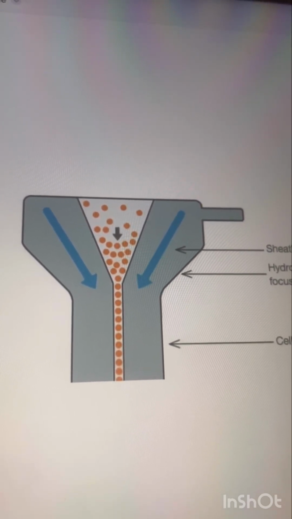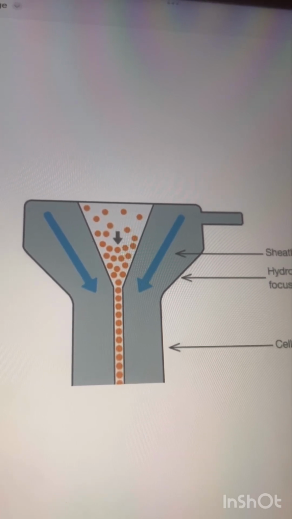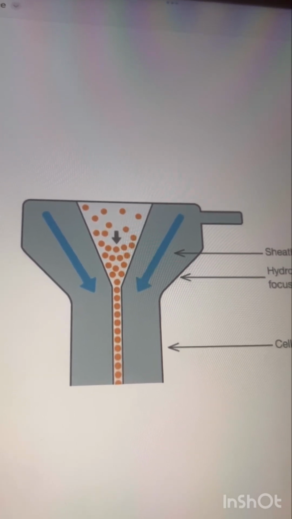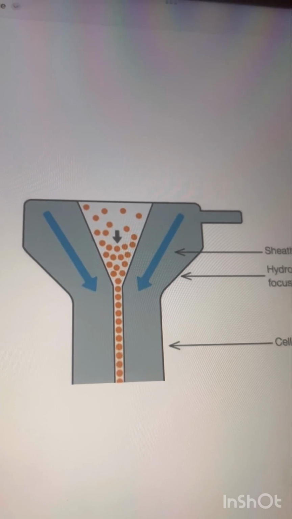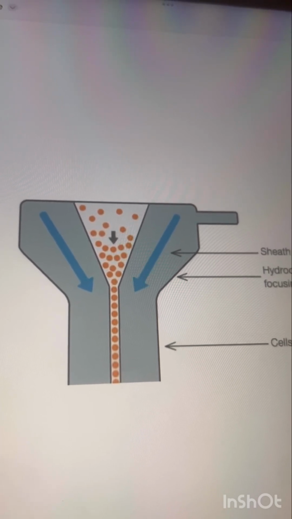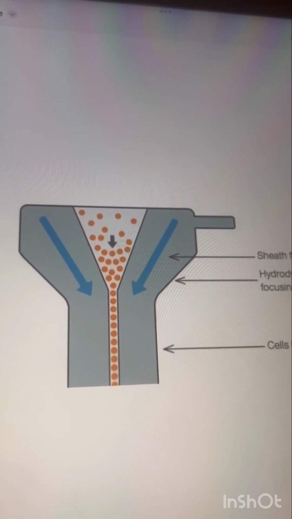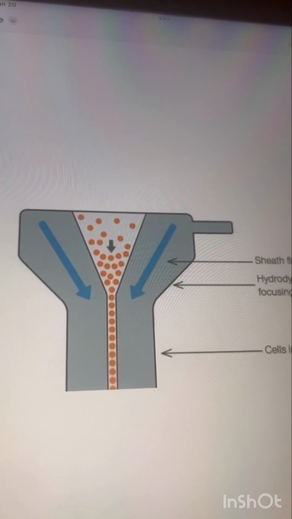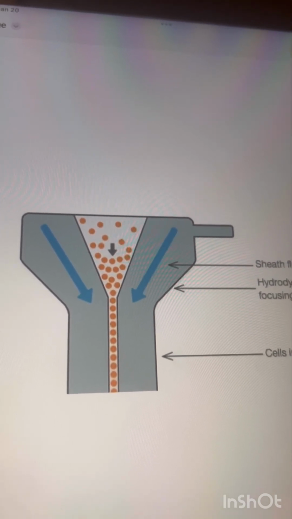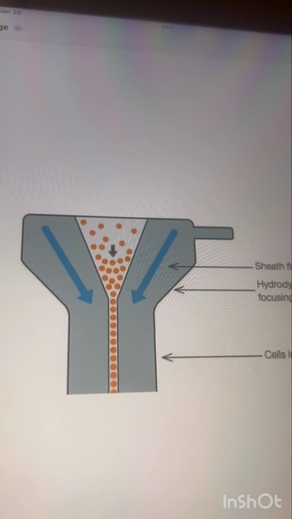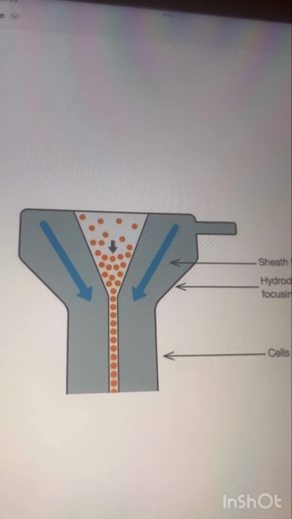The design of this flow chamber is important because it helps to reduce turbulence and helps to reduce background light scatter. It also helps to maintain the stream velocity, and also helps to maintain the narrow stream in the core diameter.